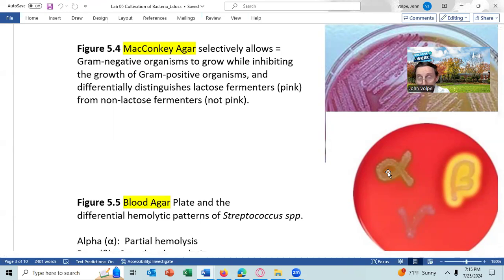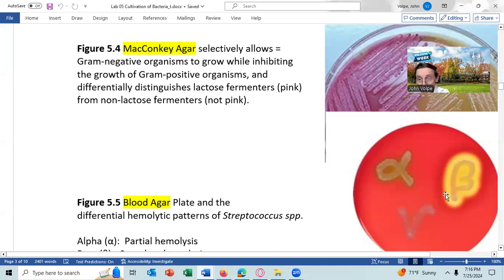The final hemolytic activity is beta hemolysis, and the white bacteria in the shape of a beta, that's a Greek letter, by the way. The white is the bacteria, and around the white, we see this clear region, which is the complete hemolysis of the red blood cells.